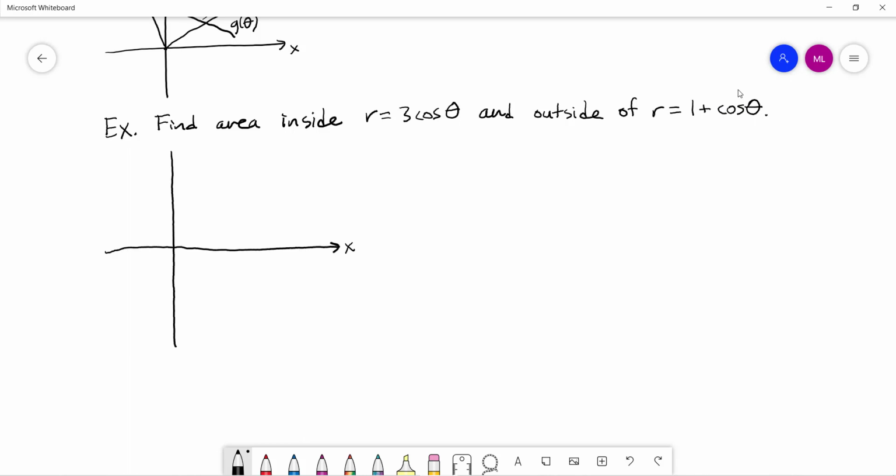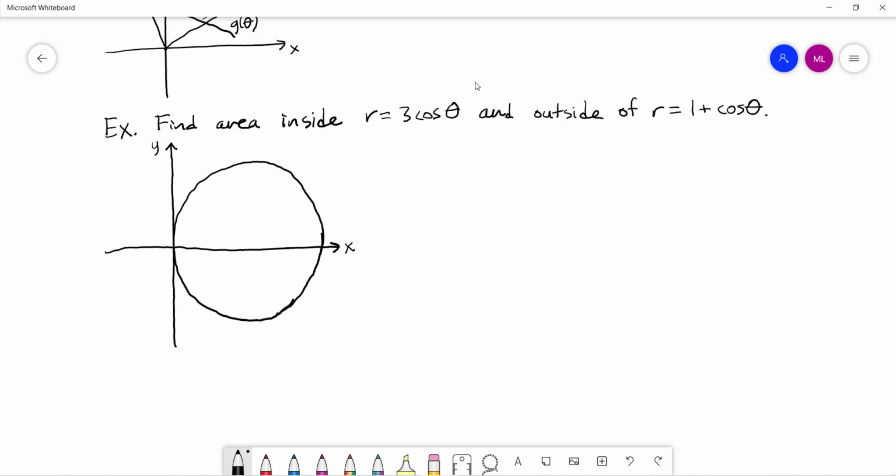I don't want this to be a class on how well you can graph polar functions. So this first one we've talked about, r equals a constant times cosine theta, that is a circle, but it's a circle that's tangent to the origin.